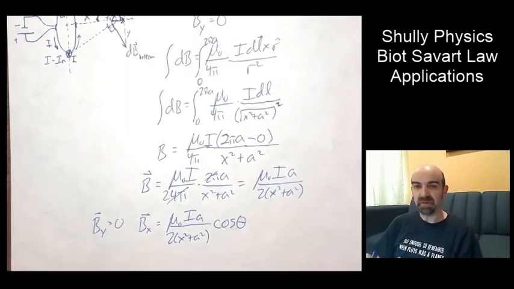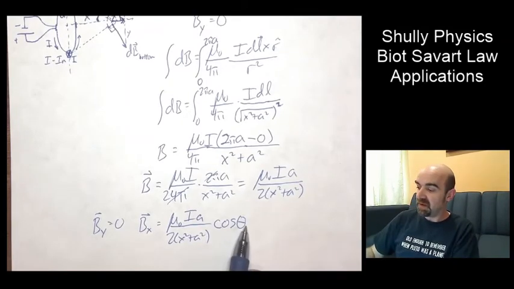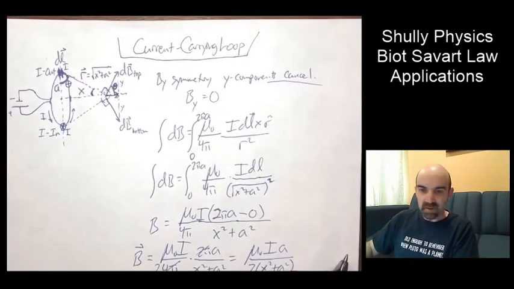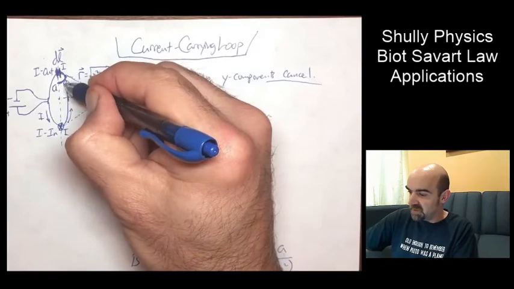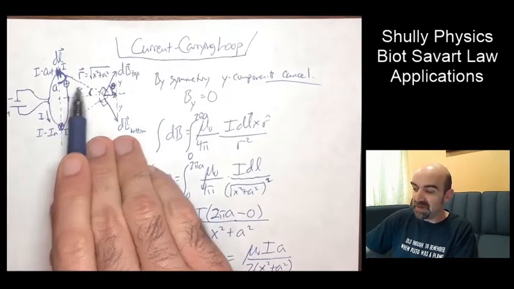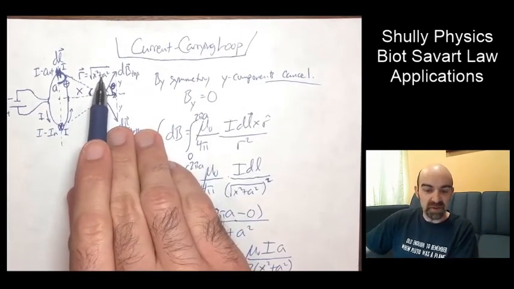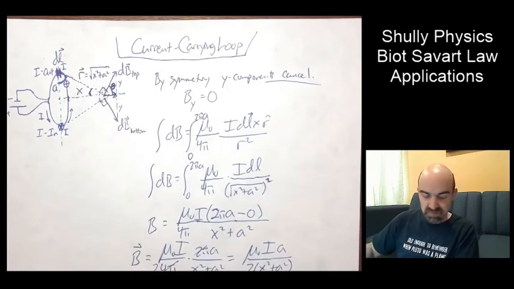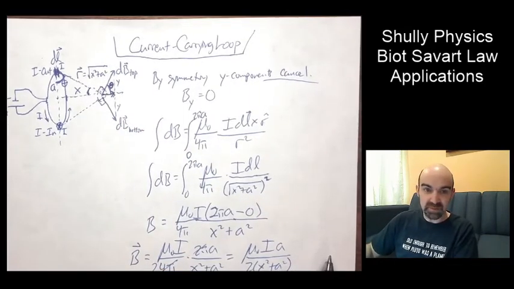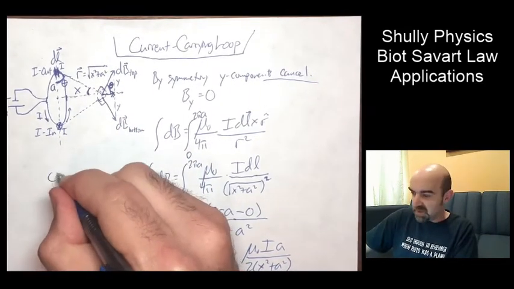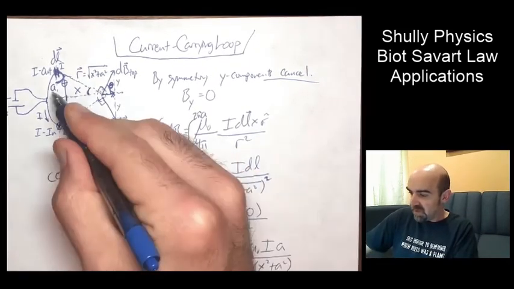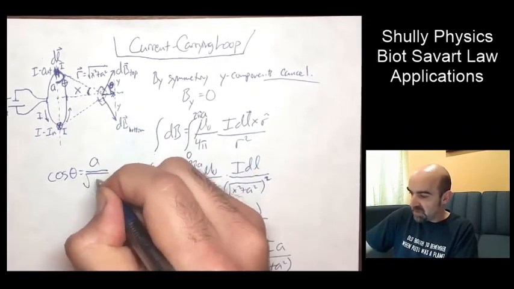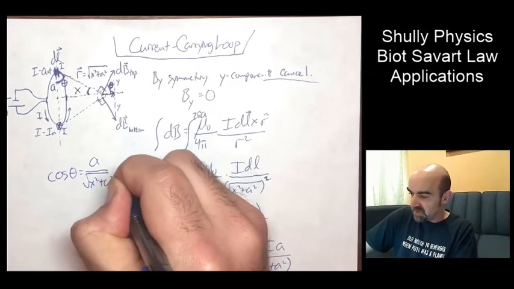But what we're looking for is the x component, or the cosine component, and cosine of theta is equal to the cosine of this one up here also, which would be a divided by the square root of x squared plus a squared. All right, so we can substitute cosine theta is a divided by square root of x squared plus a squared.